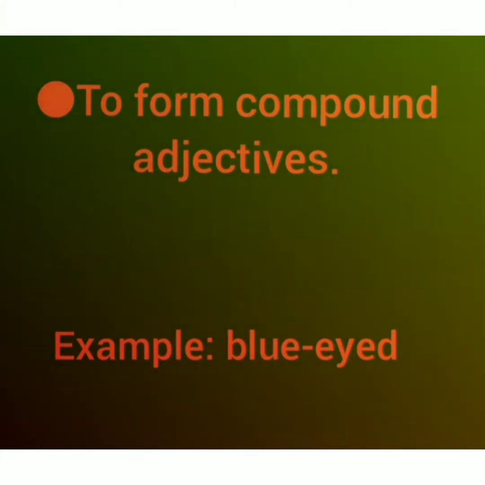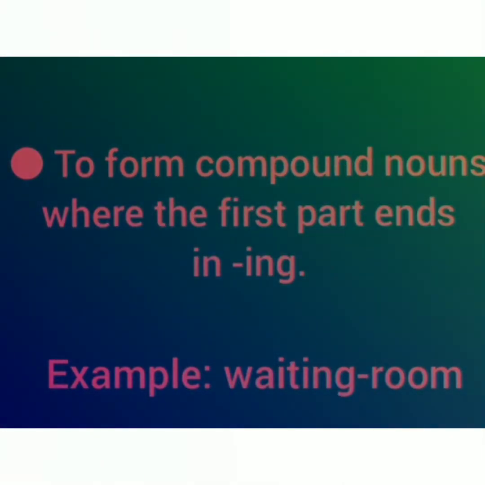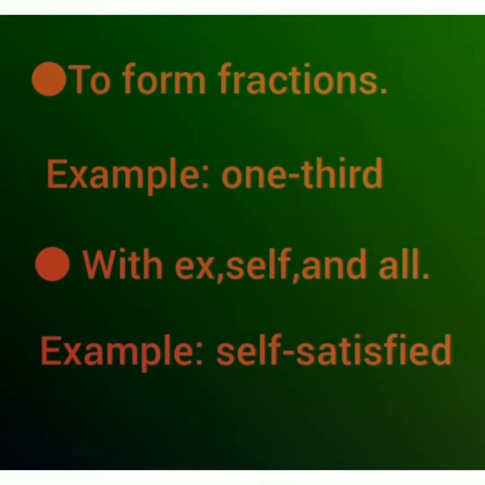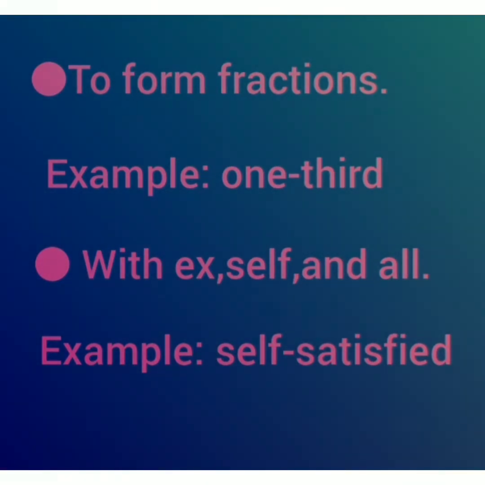For example, blue-eyed. To form compound nouns where the first part ends in "ing". For example, waiting-room. To form fractions, for example, 1/3, and with ex, self, and all, for example, self-satisfied.